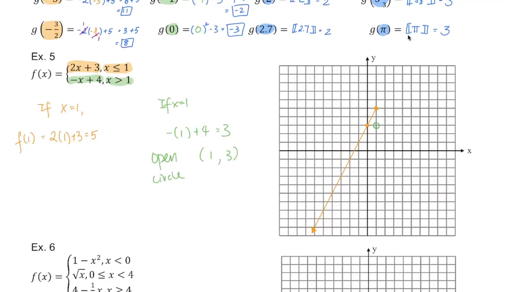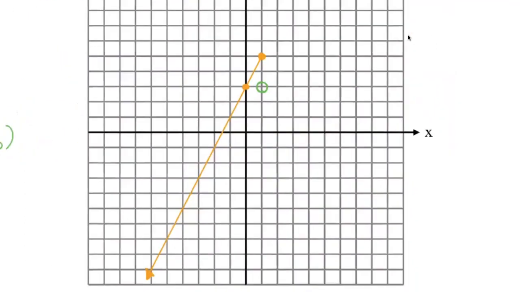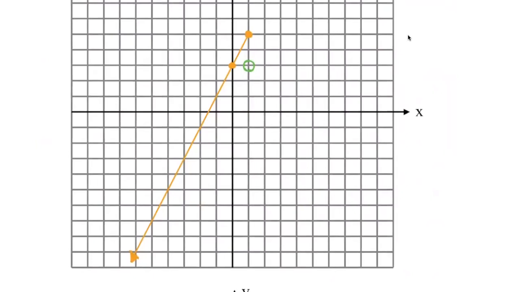So let's go ahead and find that out. And then we ask, what's the slope? The slope is negative 1. So I don't really need to come up with additional values because I know the slope of negative 1 is going to point down, and it's going to go down 1 diagonally. So this is the graph.